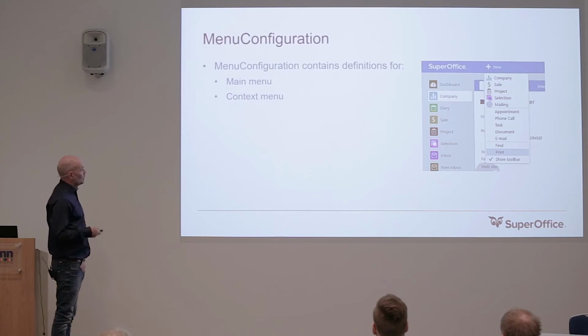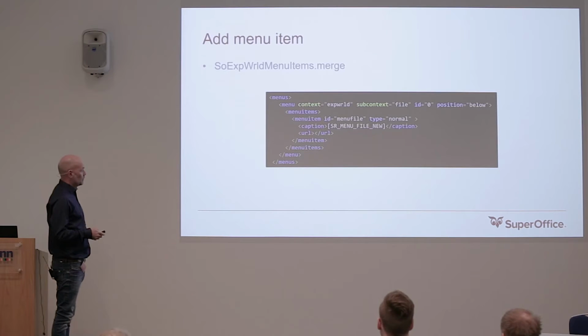Menu, if you want to add items to the menu, you can do something like this. The clue here is the context and the subcontext. Once it finds the match of those two, it will add this stuff.